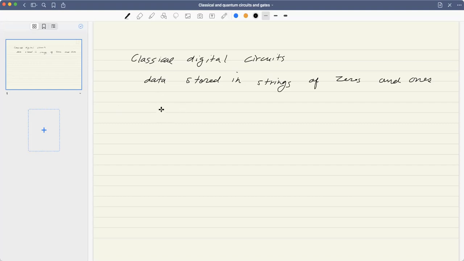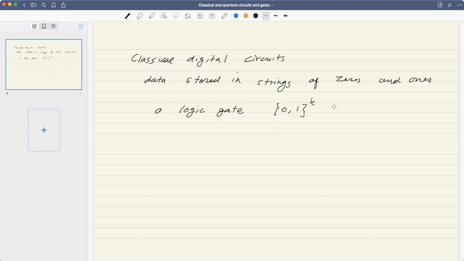So a logic gate, and so far we're just talking classically, this is just classical computer science, is some mapping, right? Some operation that takes the bit string for k bits.